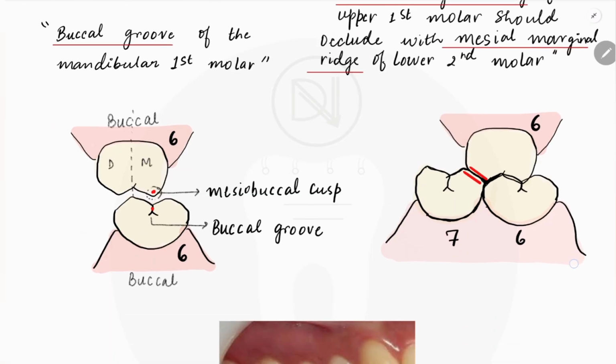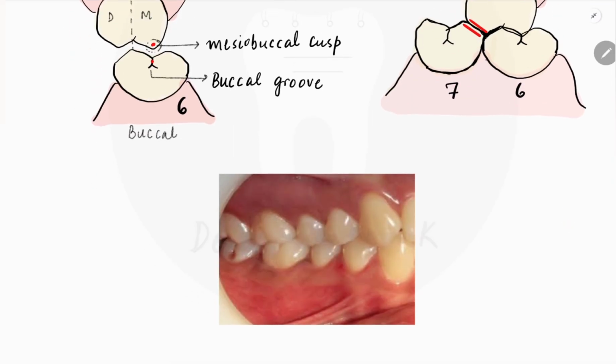Okay. So in this image, you can see both the points we are going to take into consideration. The first one: this is the mesiobuccal cusp of the upper first molar, which is going to occlude into the buccal groove of the lower first molar. And the second consideration is that the teeth should be angulated in such a way that the distal marginal ridge of the upper first molar will occlude with the mesial marginal ridge of the lower second molar.